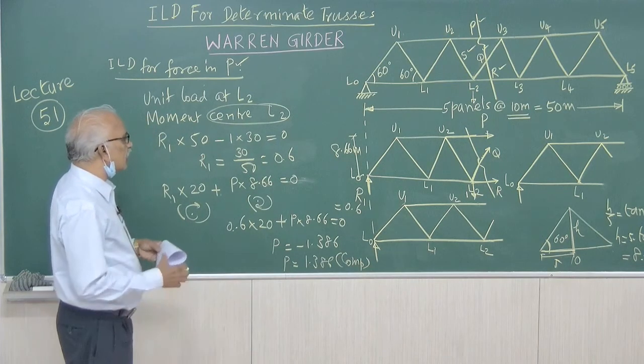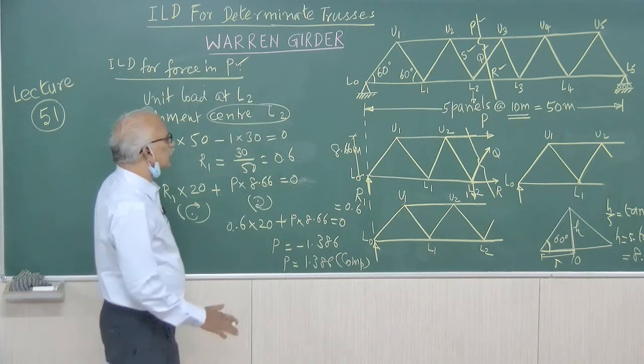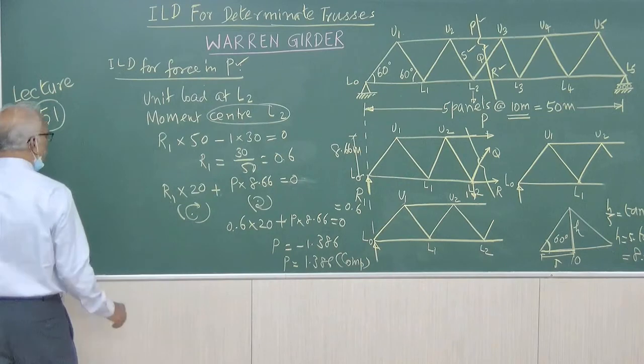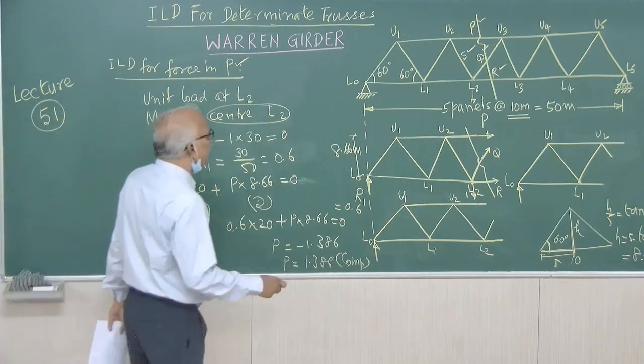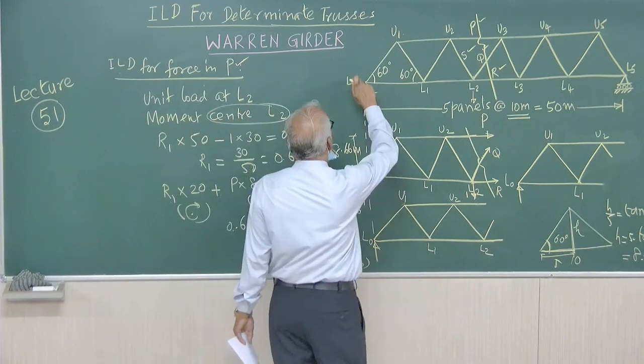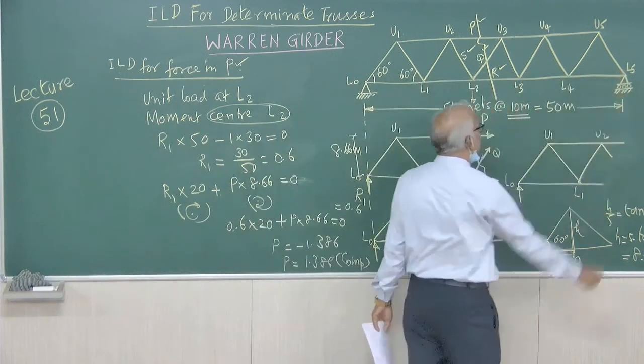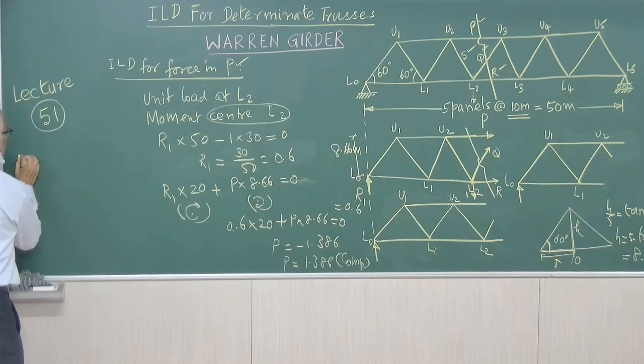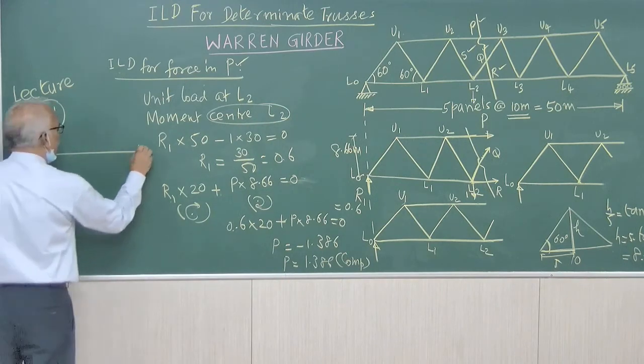So, we have to draw the ILD. Actually, for want of space, I will draw a small diagram. The ILD will run from L0 to L5. So, in a smaller diagram, I will just represent this: this is L0, this is L5.